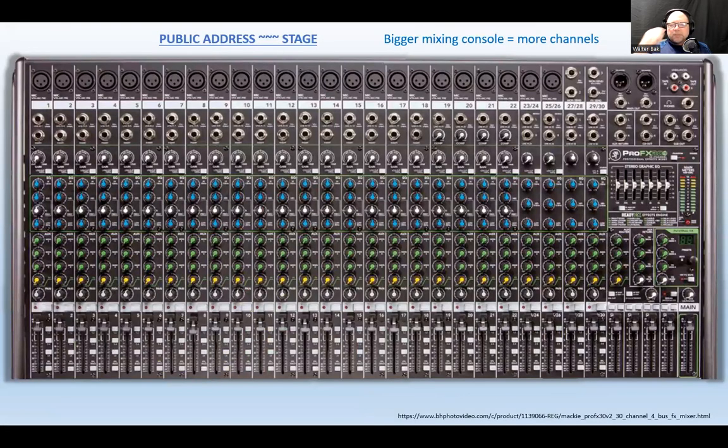Now, some bigger mixing boards are just like the small mixing boards, but they're bigger. Instead of 1 or 2 channels, if you know how to use 1 channel, then you know how to use the rest of the 23 channels, because this one is 24 channel, maybe 32 or 30 channels, something like that. So you know how to use the rest of them. The bigger mixing board just has more channels, and it might also have some groups.